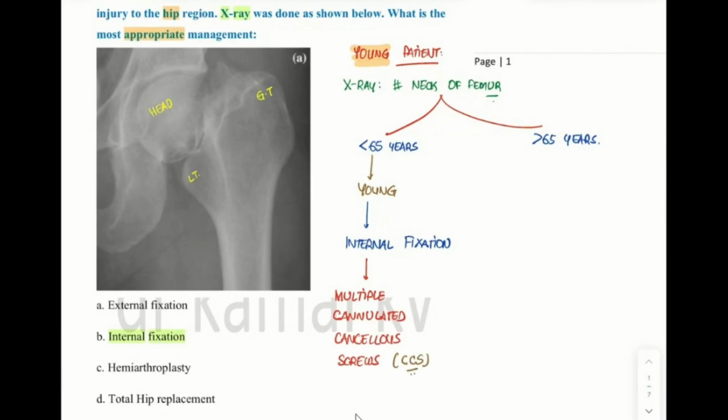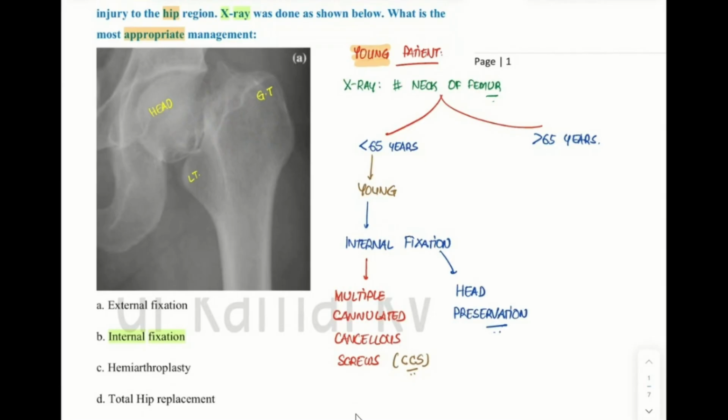So we will reduce it first and then we will pass 3 screws like this. This is the approach in a young patient, because in a young patient we have to preserve the head, right? So the concept is head preservation. Clear? So we want to preserve the head of femur.